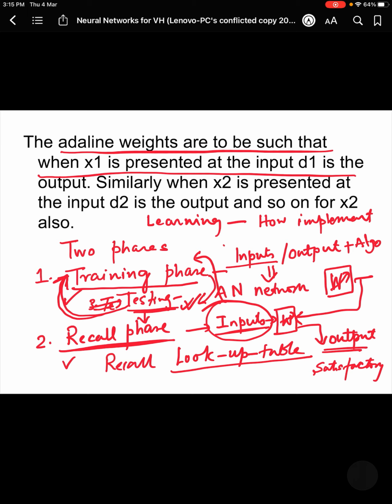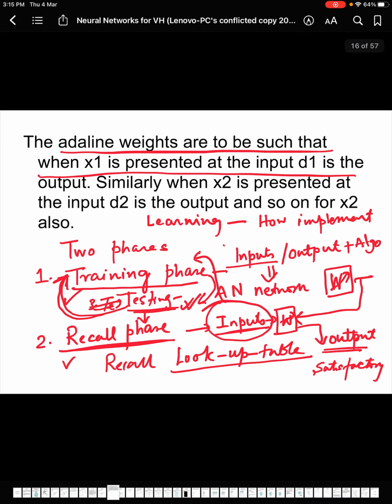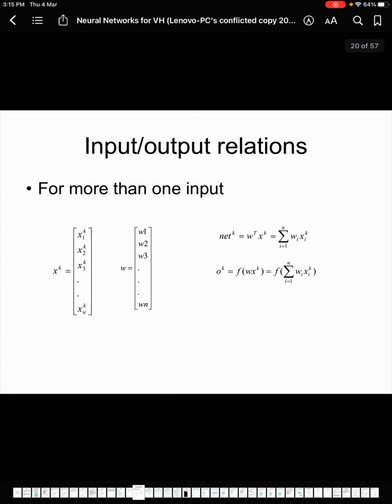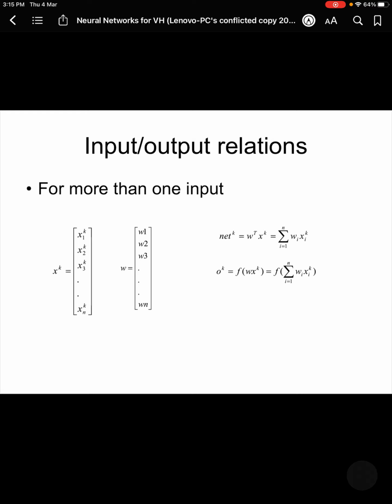Now let us talk about how these input and output learning relations are also sometimes termed mapping. Training means basically mapping the input space into an output space, so training is sometimes also called mapping.